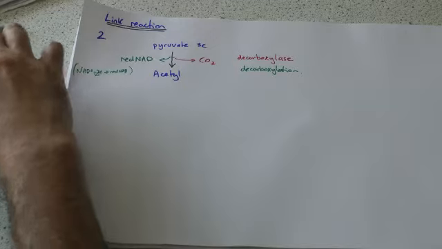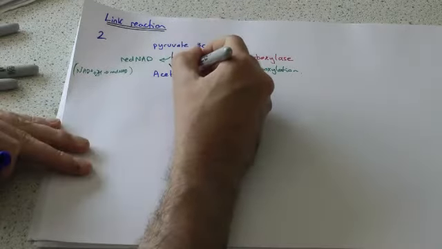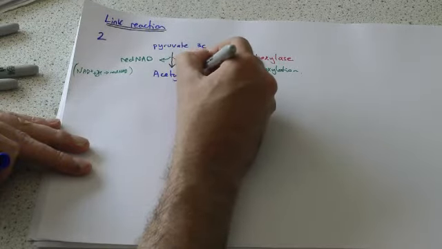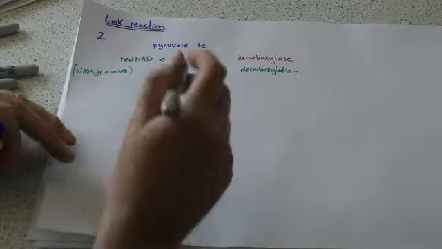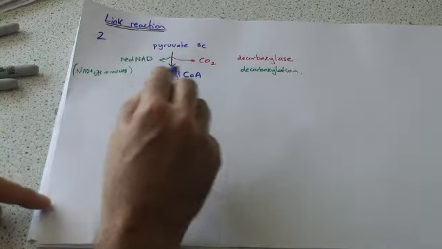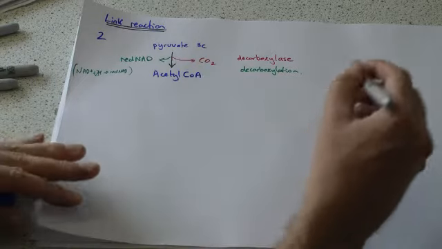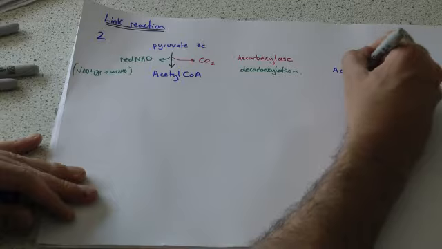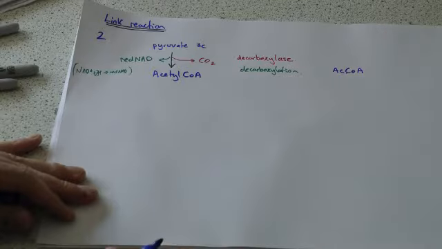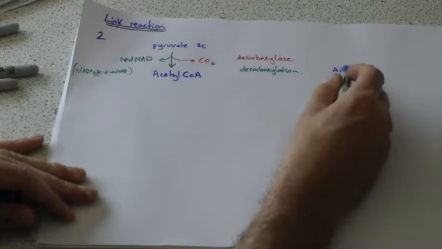Now, I said I'll come back to acetyl later on, because there's another little step I want to just show you. The acetyl is picked up by another coenzyme, and this is called Coenzyme A. And it's written in your books like this, acetyl coenzyme A. You may well see it written like this as well, ACoA.